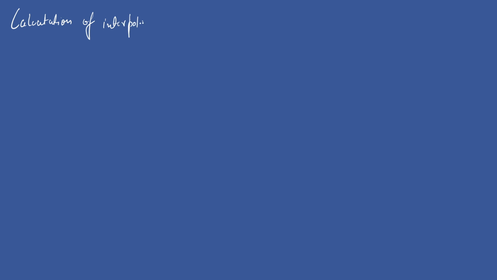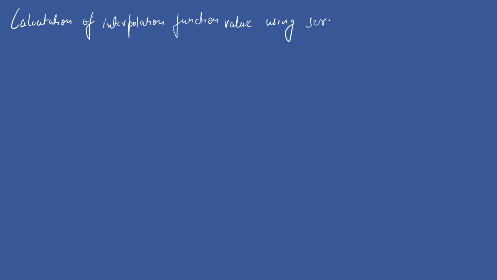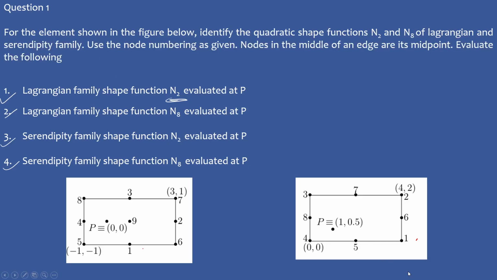So let's look for the serendipity function also. For this particular figure, yeah, for serendipity family shape function, this is the particular figure which we will take into account, because here we are avoiding the intermediate node.